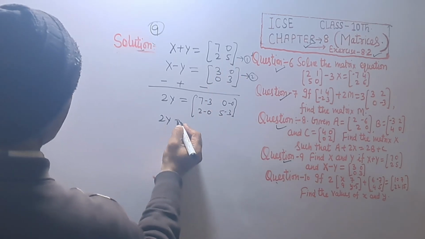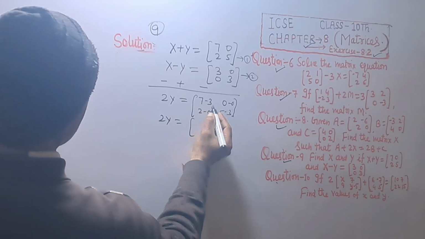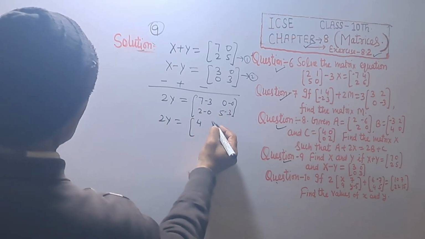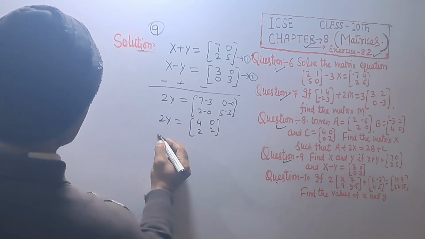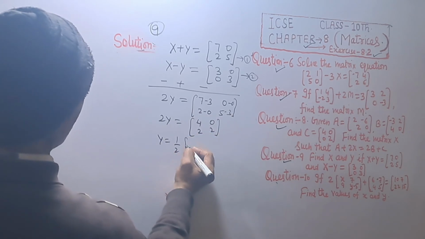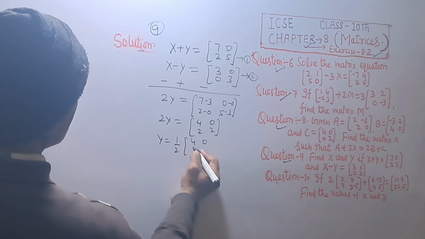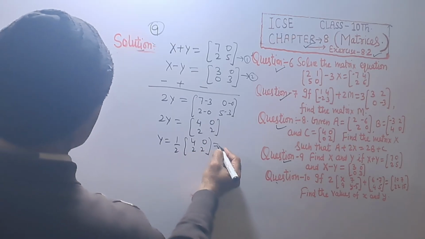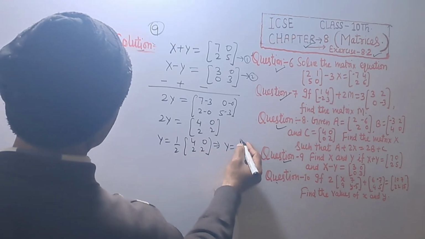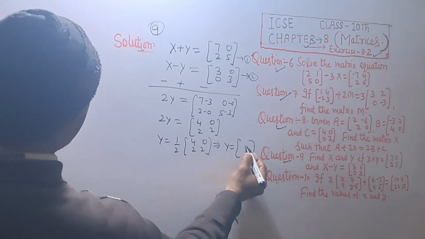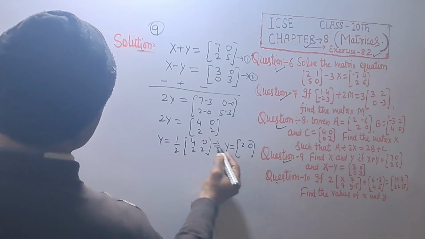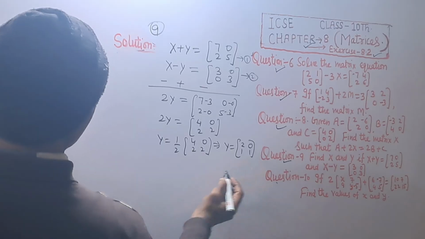So 2y equal to 7 minus 3 is 4, 0, 2, 2. So y is equal to half of [4, 0, 2, 2], which implies y is equal to 4 divided by 2 is equal to 2, that is 0, 1 and 1.